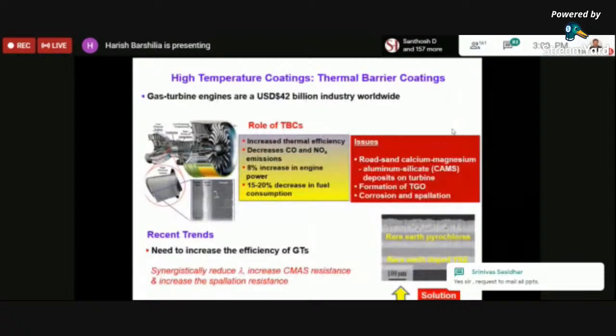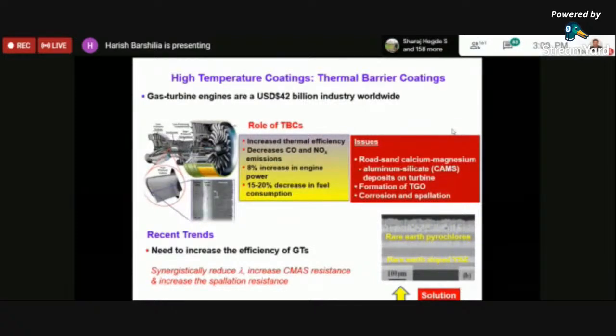So this is another application of coatings, the thermal barrier coating. You know that gas turbine engines are about a $40 to $50 billion industry worldwide. Now, to improve the performance of any turbine, you have to increase the operational temperature.